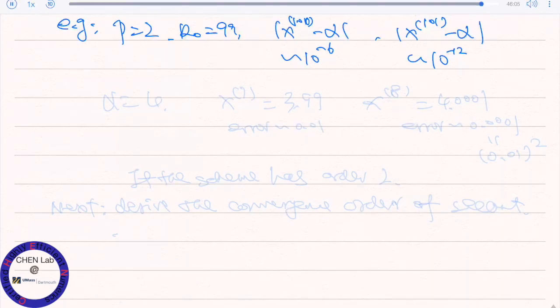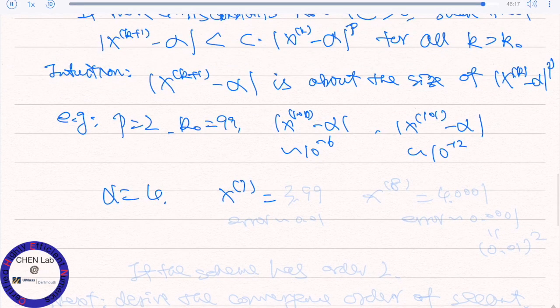Using Marco's example, let's say your alpha is 4. Maybe your x7 is 3.99. So at x7, the error is 0.01. If you know in theory the order is 2, then the next error should be 10 to the negative, what?